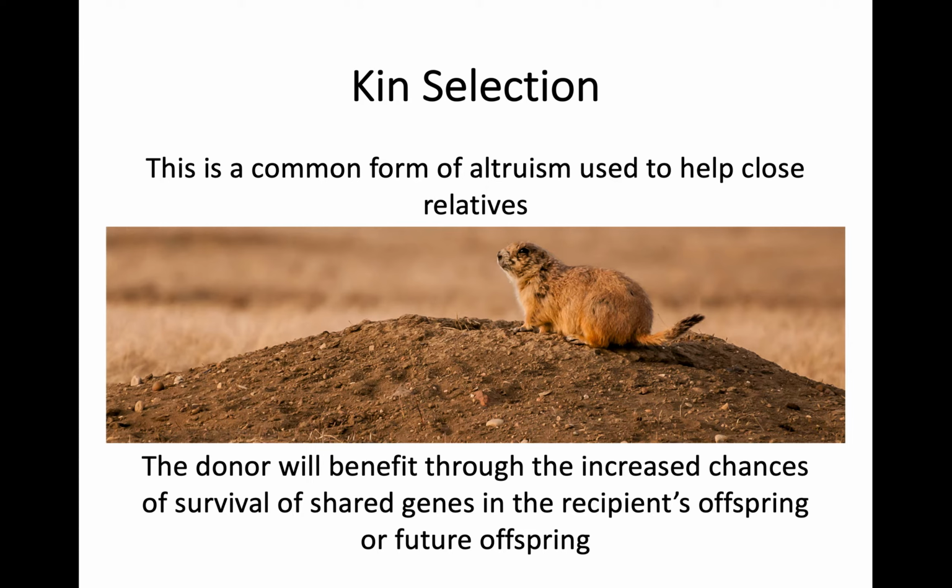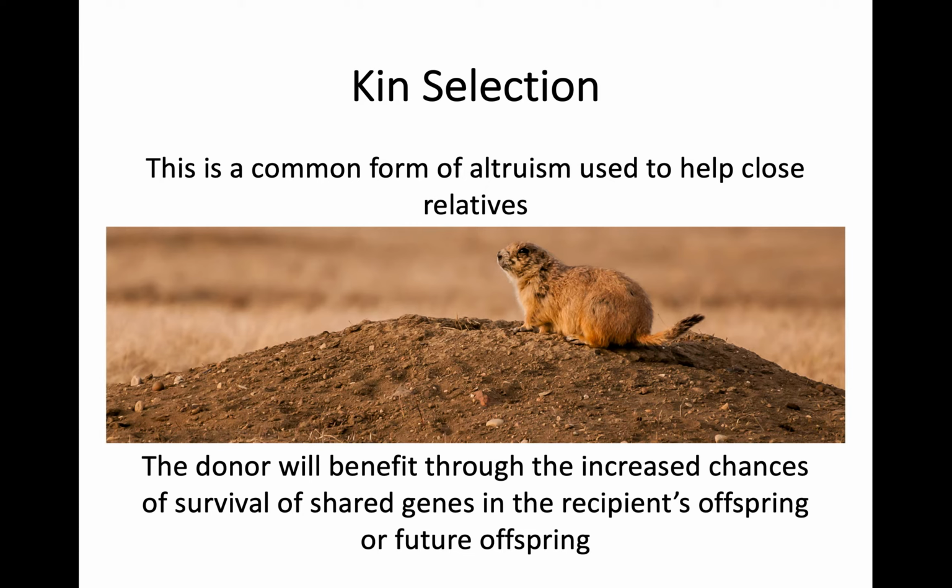So often with animals, this can be either by sacrificing yourself. So some animals will go and cause a distraction if there's predators coming near, say, their nests or such, where they will run off or use an alarm cry knowing that they will get eaten, but that will give enough time for the other members of the group, of the close relatives, to hide.